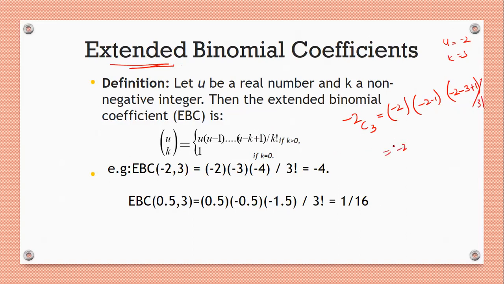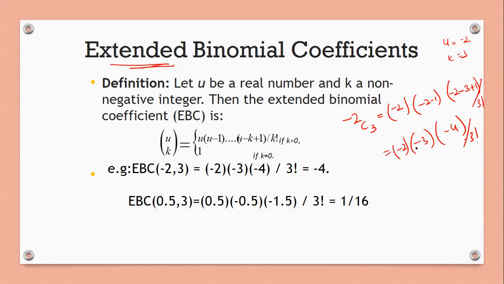Let's evaluate it. This becomes minus 2, then minus 2 minus 1 is minus 3, and then minus 2 minus 3 plus 1 is minus 4, divided by 3 factorial. Whatever, you can solve it on a calculator or by yourself.